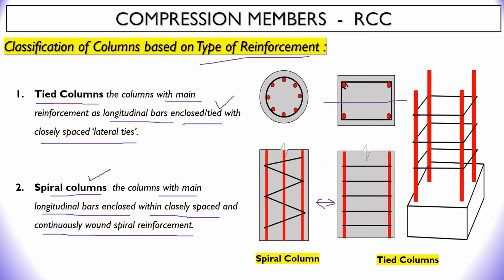In the left side diagram you can see that the lateral ties are continuous, that means they are in the form of a spiral, and in the right side, which we have already discussed, is the lateral tied column. Here the rings are provided at a particular spacing, but here we are just enclosing the bars with a continuous spiral type of ties. We can say spiral type of reinforcement.